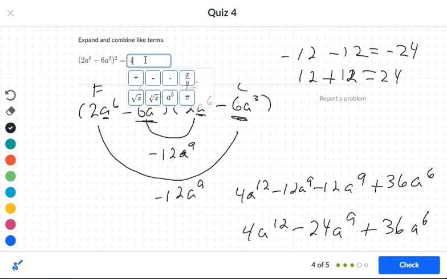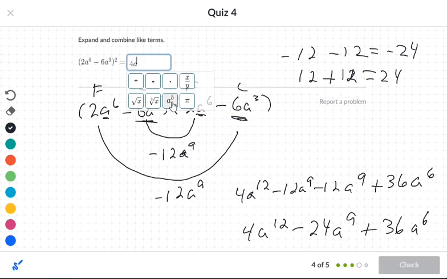So you go 4, you go A, A, B key, you press in 12, space bar, we go minus sign, we go 24A, A, B key, we press in the 9, we press space bar, then we go plus 36, we got the A, and then we go A, B key, and we take this to the 6.